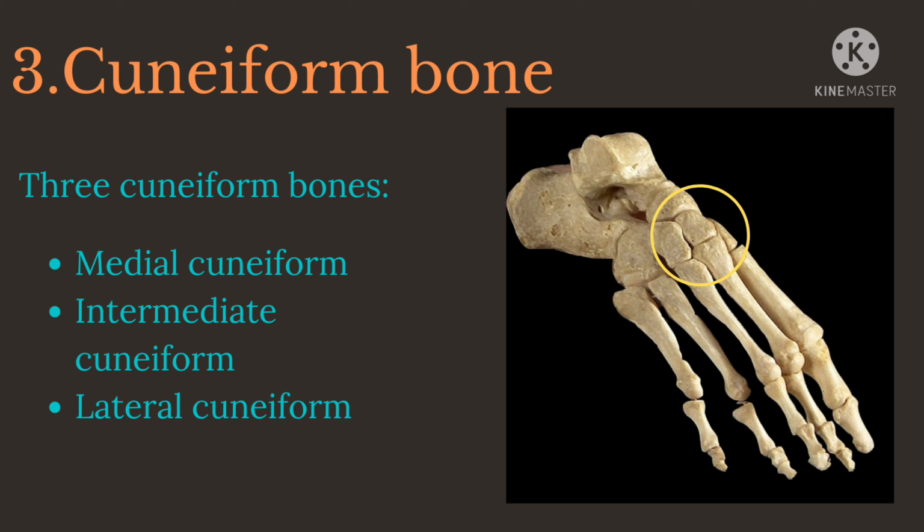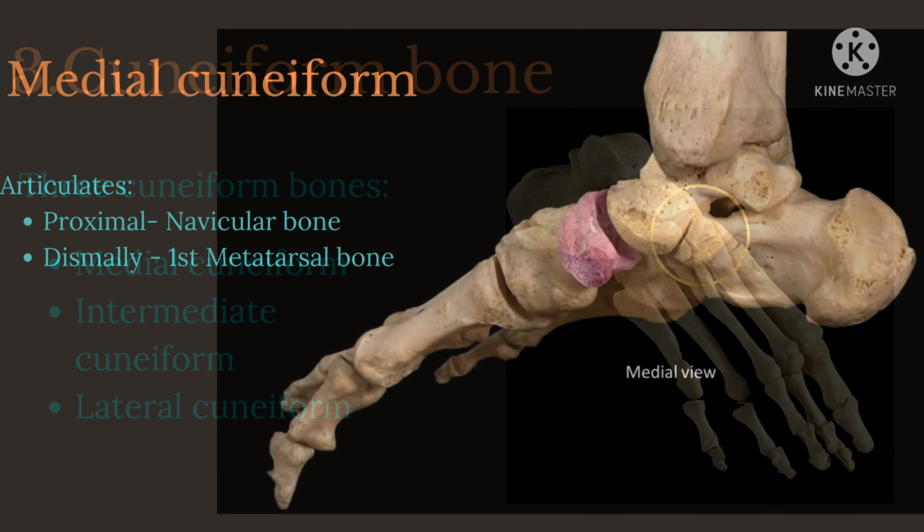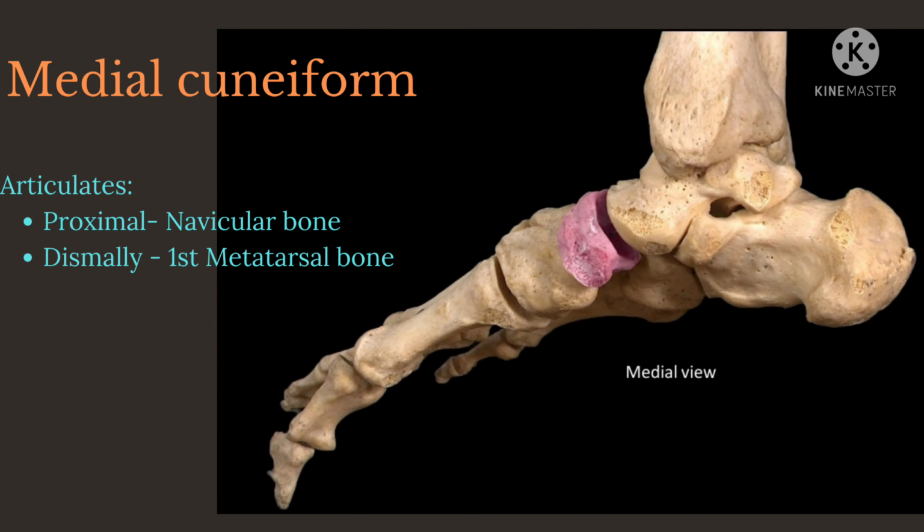Now the fourth bone is the cuneiform bone. The cuneiform is divided into three parts: the medial cuneiform, intermediate cuneiform and the lateral cuneiform. The name itself gives you more information. The medial cuneiform is present medially, the lateral cuneiform is present laterally, and the intermediate is present in between the medial and lateral. Let us take the medial cuneiform first.